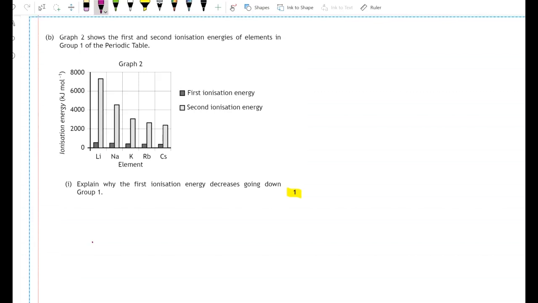So, going down group 1, ionisation energy decreases, and that is because of the addition of energy levels.